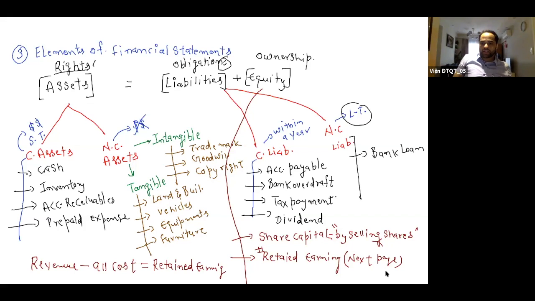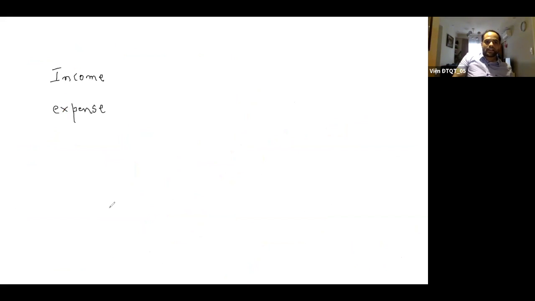Now move on to the other two elements, which are income and expense. Let me explain income and expense in more detail. The company sells its product.